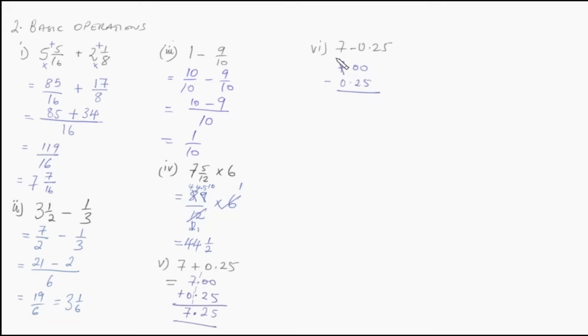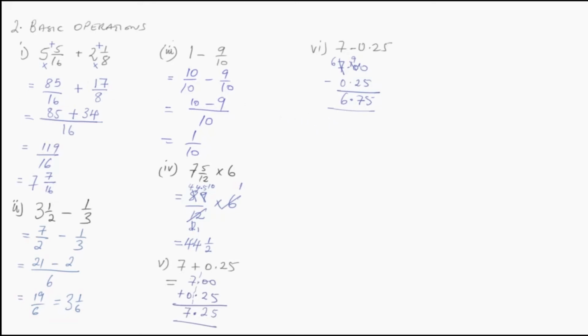So we're going to take 1 from here and put it here. Take 1 again and leave 9 here and put it here. 10 minus 5 is 5. 9 minus 2 is 7. 6 minus 0 is 6. So the answer would be 6.25.